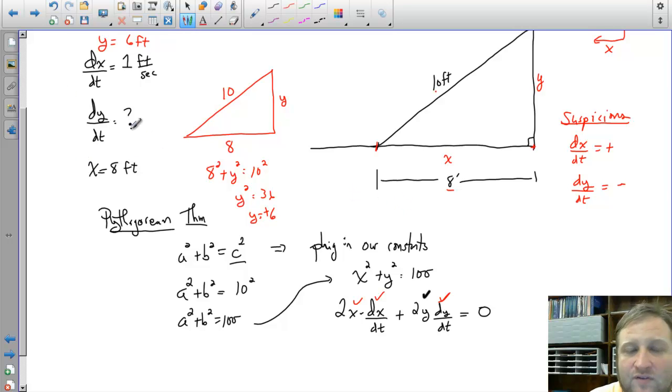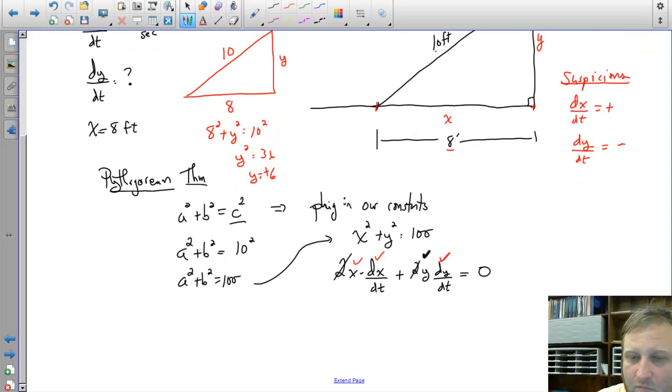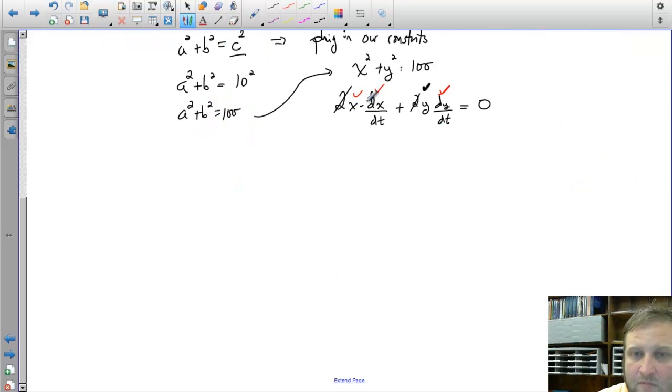So let's go ahead and solve and isolate in terms of our variables for what we're looking for. We're looking for dy dt. Our 2's will cancel, and we're going to be left with x dx dt plus y dy dt is equal to 0.